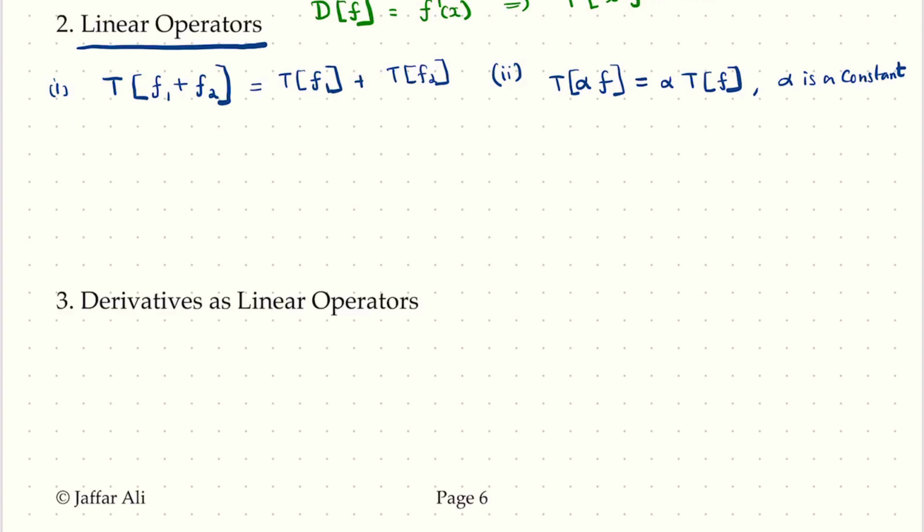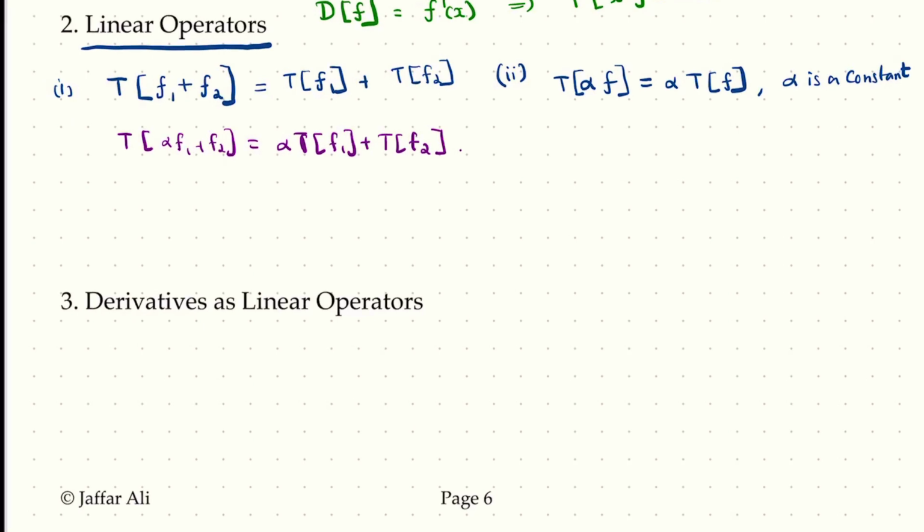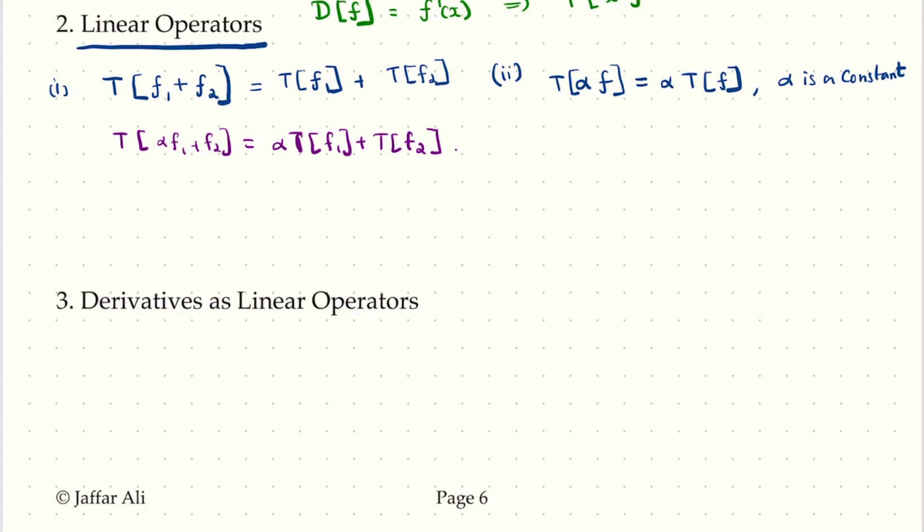These two conditions can be summarized into a single condition, and that is the following. If T of alpha f1 plus f2 is equal to alpha T of f1 plus T of f2, then we say it's a linear operator. Let me give you a couple of examples. The number one example, let me give the one that we will use the most. Let's take a look at the derivative operator, right?